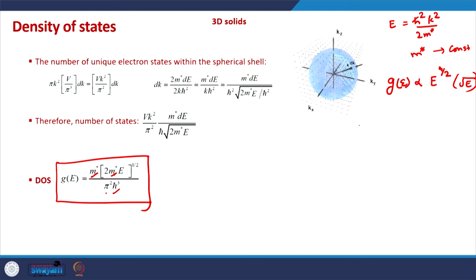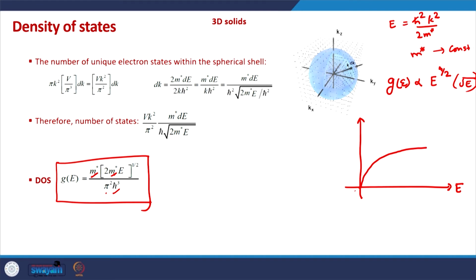And if we plot G(E) as a function of energy, just to see how electronic states are distributed, this will be a square root function. So, it will be a sublinear kind of function. Not exactly like this. It will be something like this.